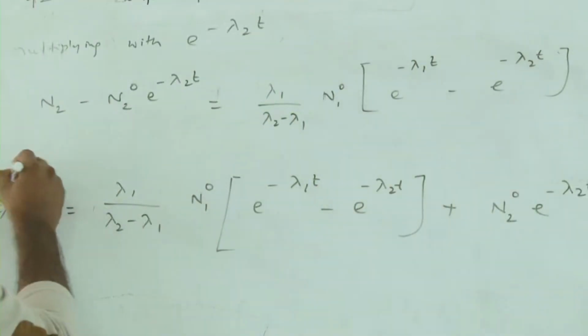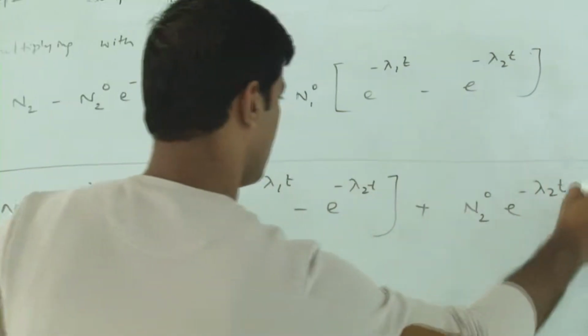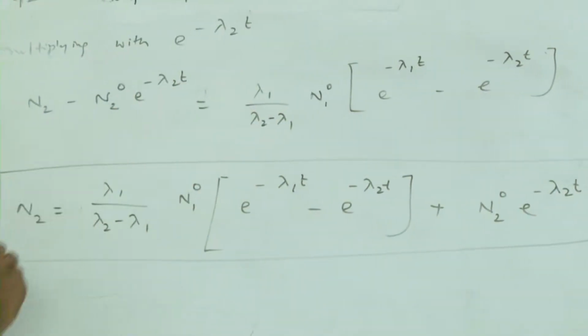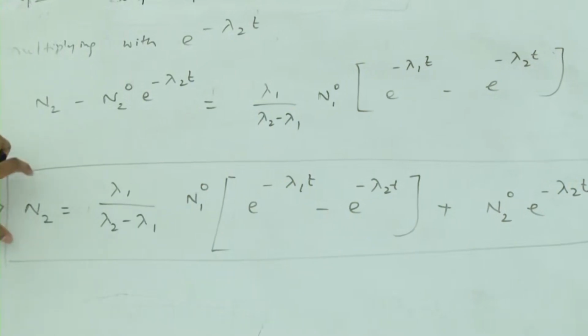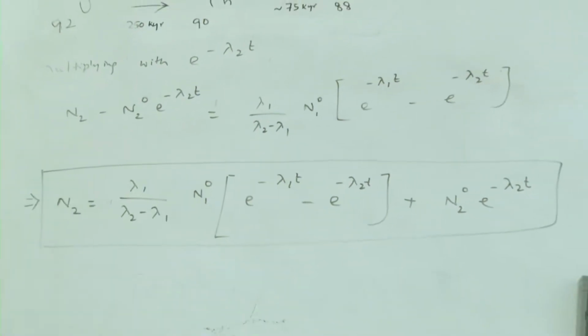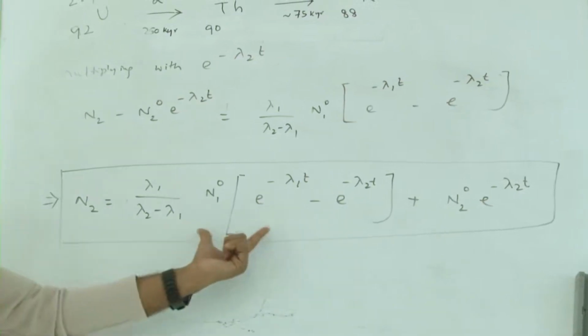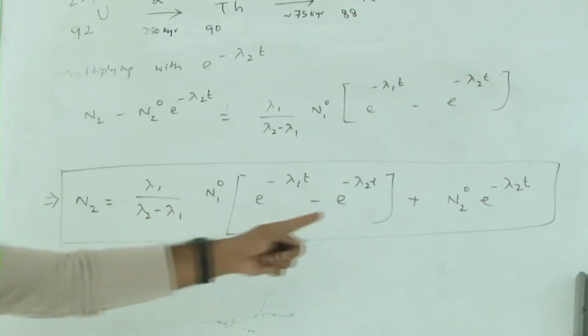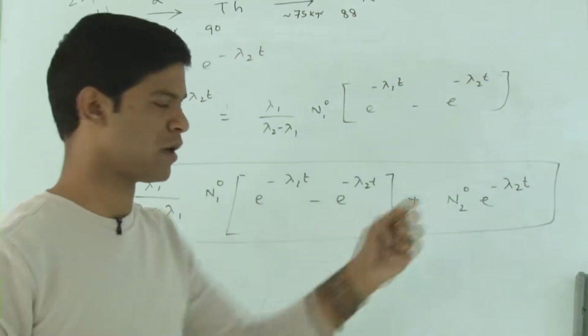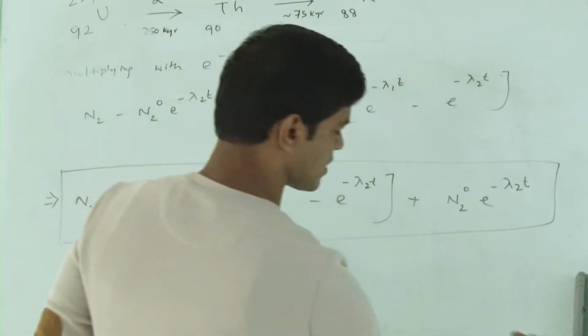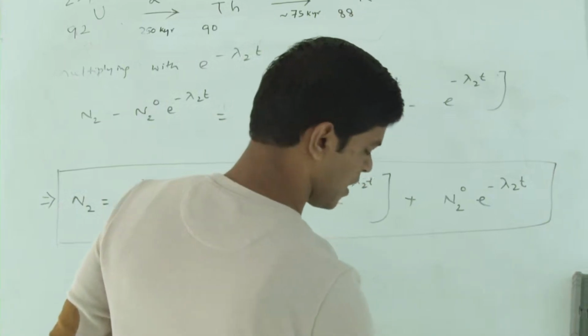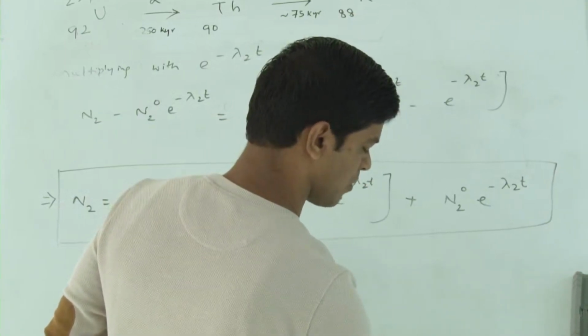So, this is the expression that represents the number of radioactive daughter N2 at any point of time. You will see in the right hand side you have two terms. One is N2 0 e to the power minus lambda 2 t. This is exactly something very similar to N equals N 0 e to the power minus lambda t.